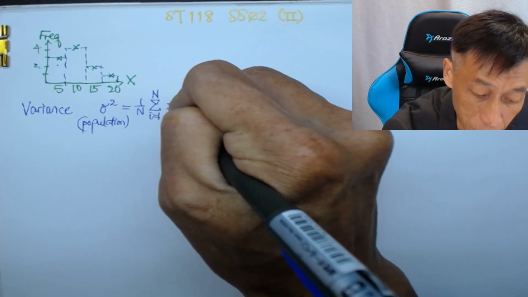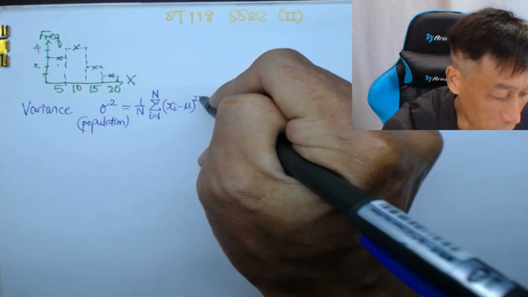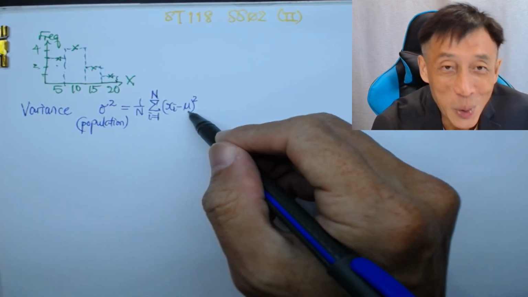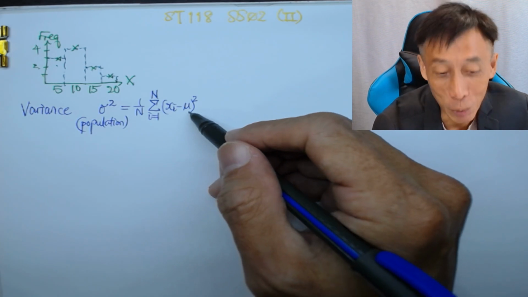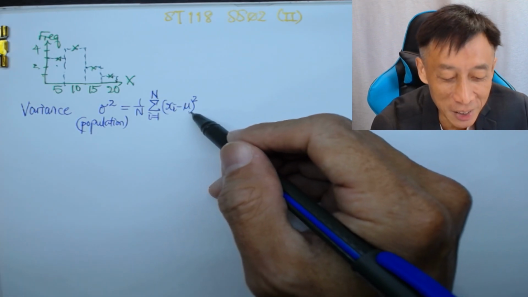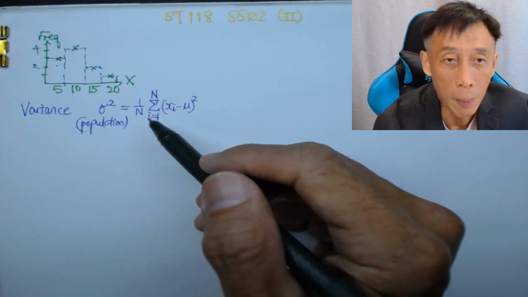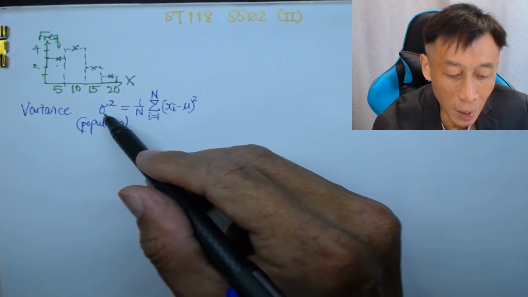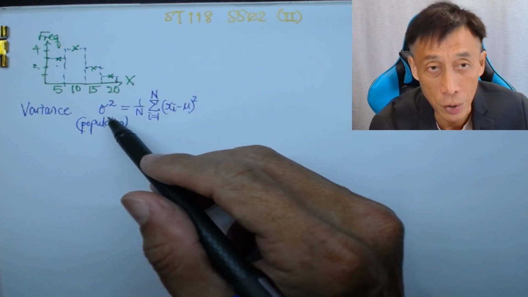For variance, you first want to know the population mean. It is buried in the DNA of the variance definition itself. To know the population variance, we write it as sigma square, where sigma is the standard deviation.